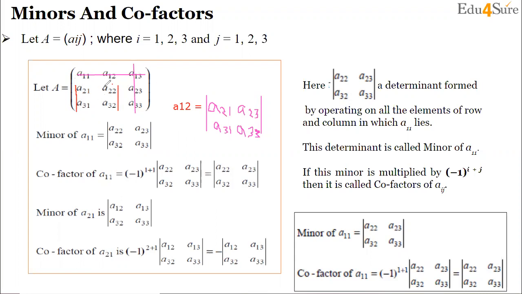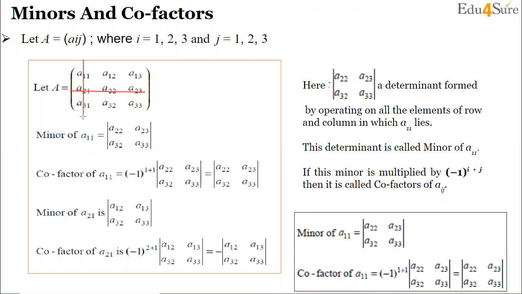Similarly, for the second row also, if you want to find the minor, how are you going to do that? Let me rub this. Now, if you want to find the minor for A21, you will hide the second row, because A21 is occurring on the second row, and your first column.